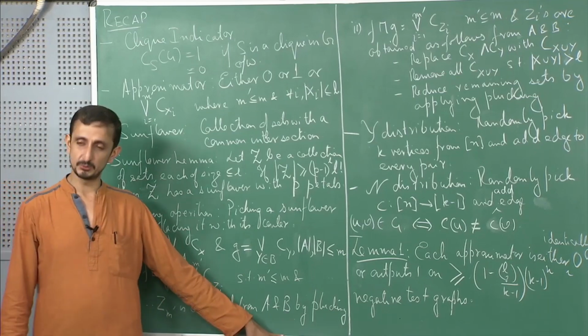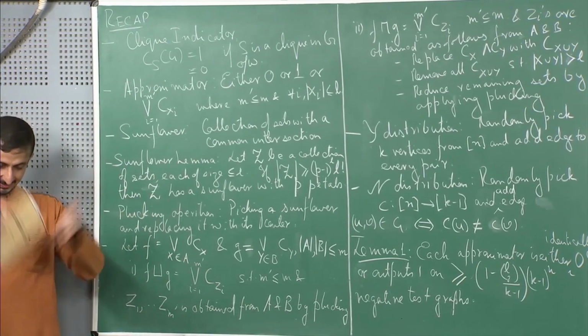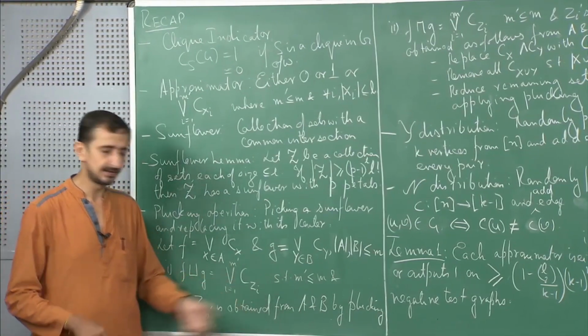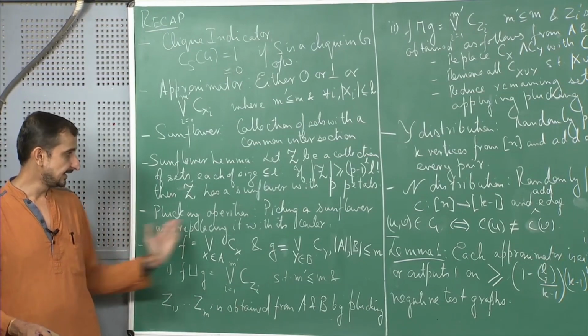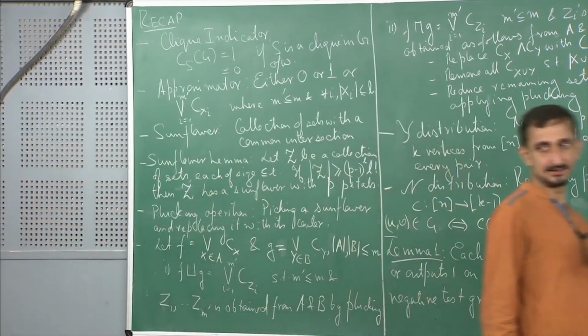By applying the plucking procedure. What do I do in the plucking procedure? Since this size is bigger than M, there exists a sunflower. I take a sunflower and replace all the petals of that sunflower with the center.